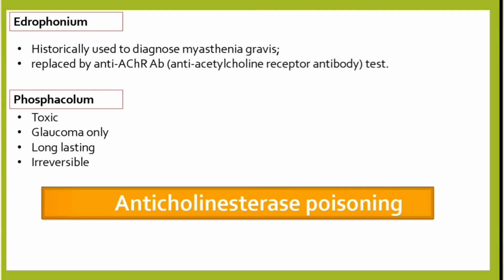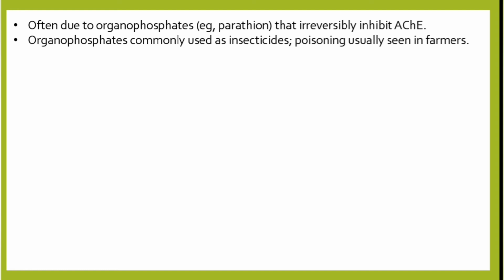Anticholinesterase poisoning by organophosphates. All right, so let's look at this anticholinesterase poisoning. It's mainly due to organophosphates, for example, parathion. Organophosphates are commonly used as insecticides and poisoning usually occurs in farmers.